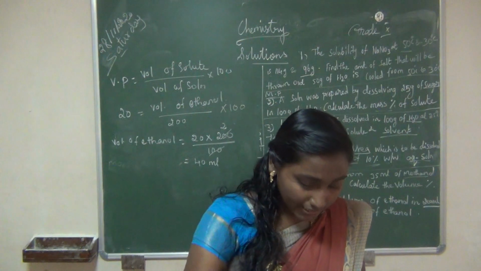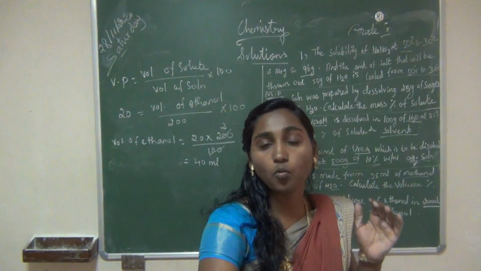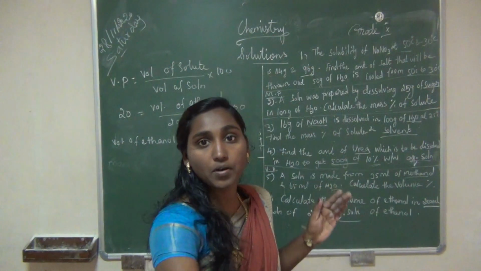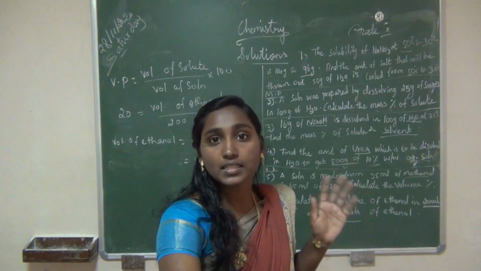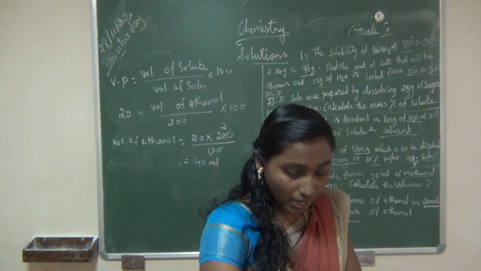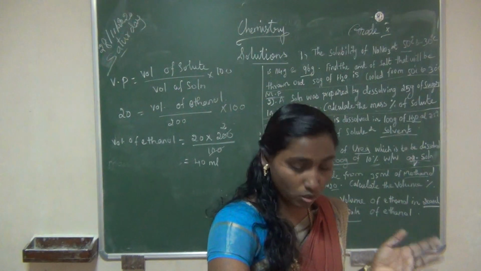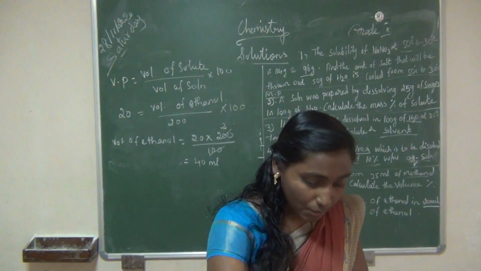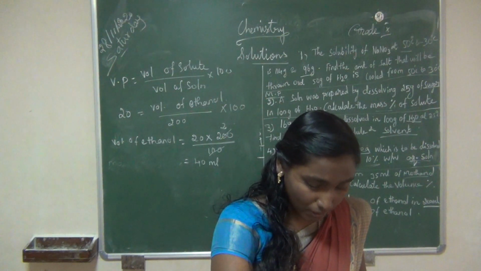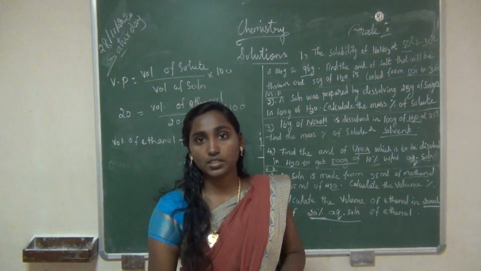Solubility of NaCl in 100 ml of water is 36 grams. So 100 ml of water can dissolve how many grams of sodium chloride salt? 36 grams. Already we studied, right? If 20 gram of salt is dissolved in 100 ml of water, how much more salt is required for saturation?